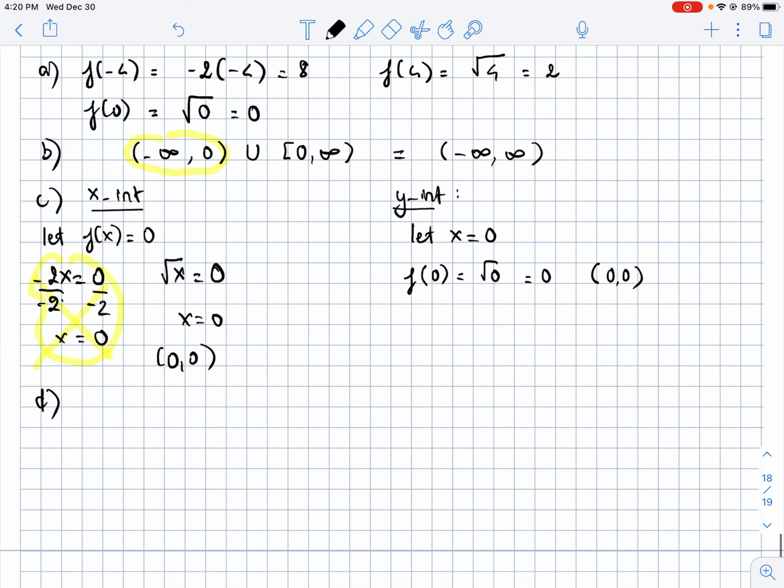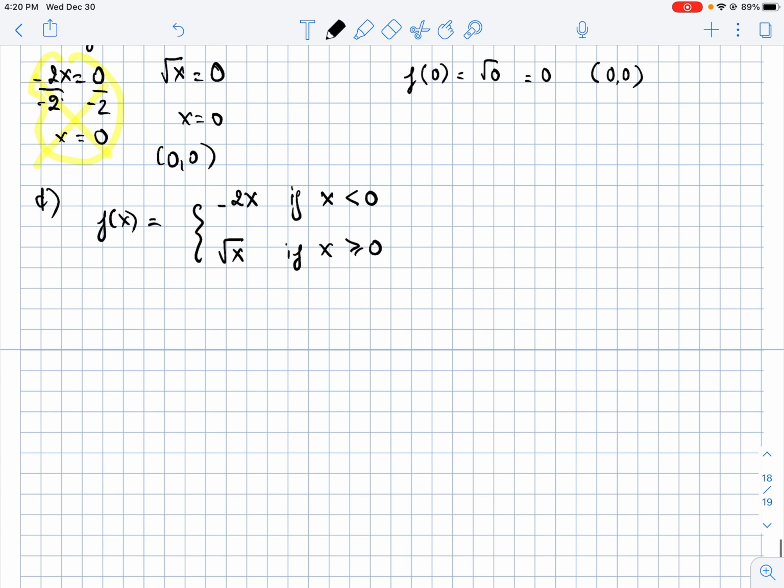Okay, so for problem D, we need to graph the function f. Let's write out the function f one more time. f of x equals negative 2x if x is less than 0, and equals square root of x if x is greater than or equal to 0.